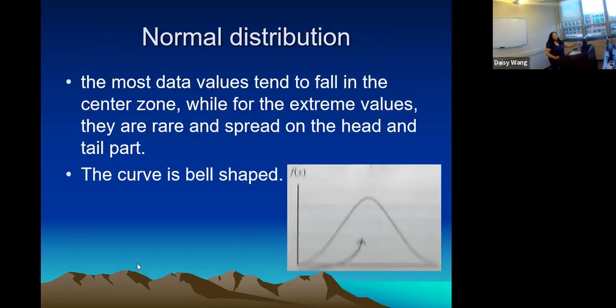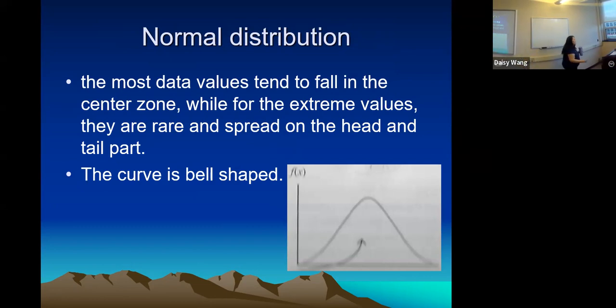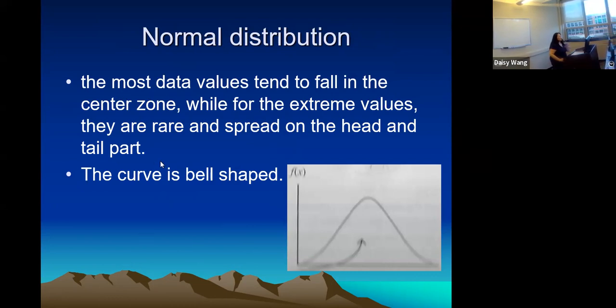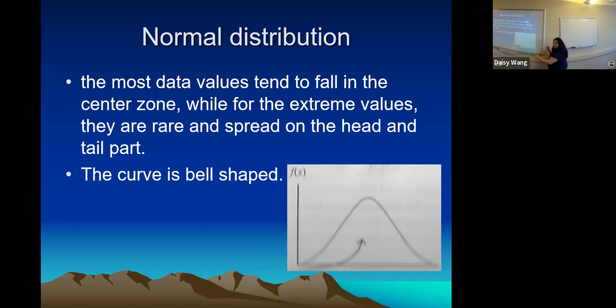Okay, so most of the examples we have, we usually use the normal distribution. That means most of the examples happen in the center, and then there are some extremes on the two sides.